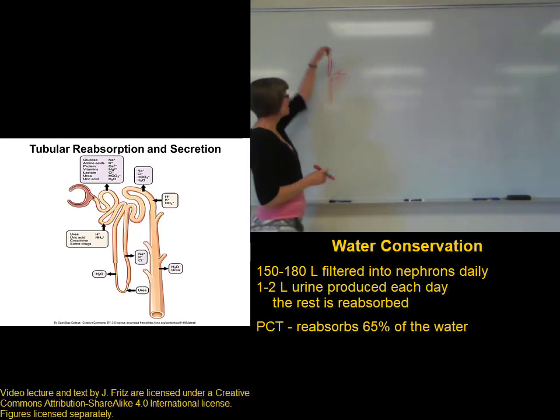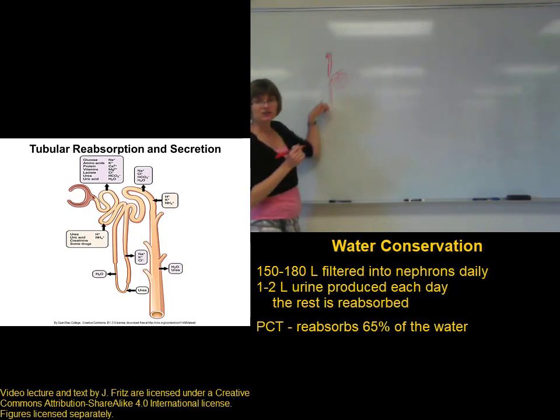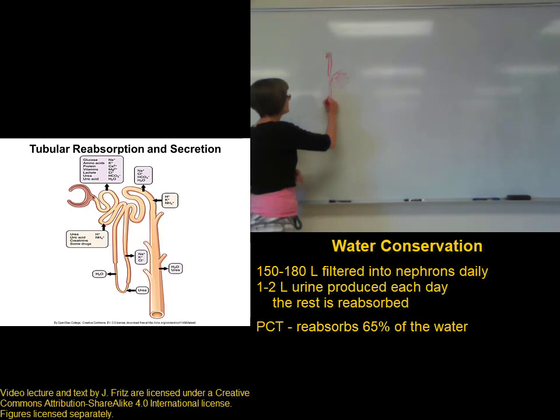Here's the glomerulus, with an afferent arteriole bringing the blood in, and an efferent arteriole carrying it back out again.